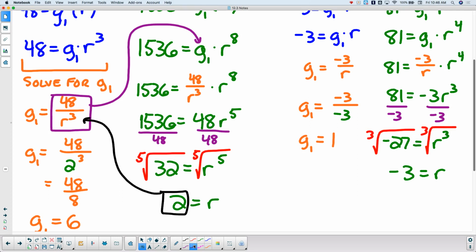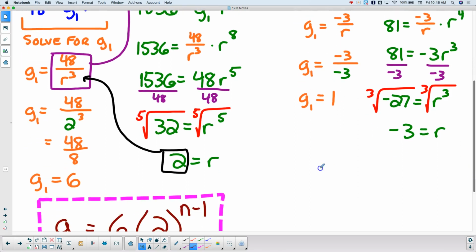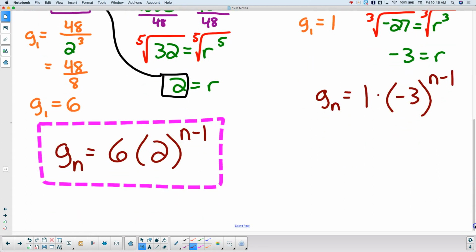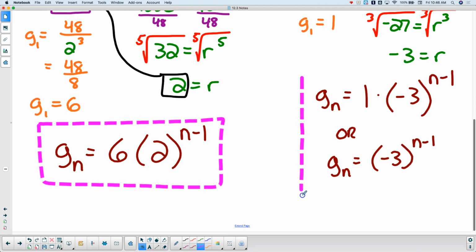I get g sub n is equal to 1 times negative 3 to the n minus 1 power. Or, because it's 1 times, we wouldn't have to write it. But it's not wrong if you do write it.